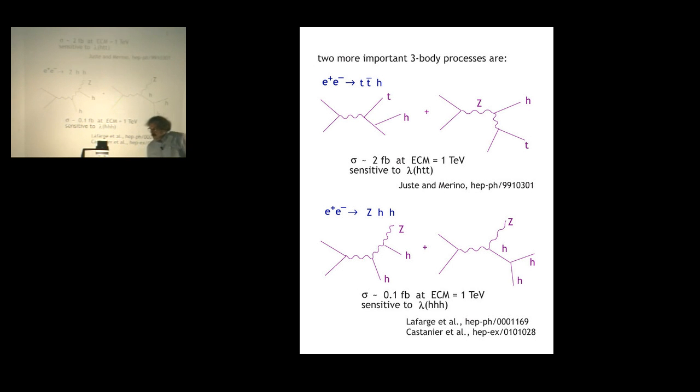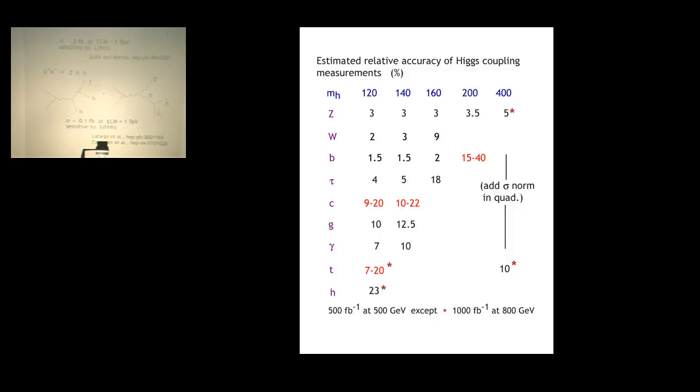And e+ e- to Z Higgs Higgs, which has been proposed seriously by these authors as a way of measuring the Higgs self-coupling. It's a tough experiment, a tenth of a femtobarn cross-section at 1 TeV. But nevertheless, with calorimetric identification of everything to really maximize the event yield, it's claimed that you can do it and actually get a measurement out of this process.